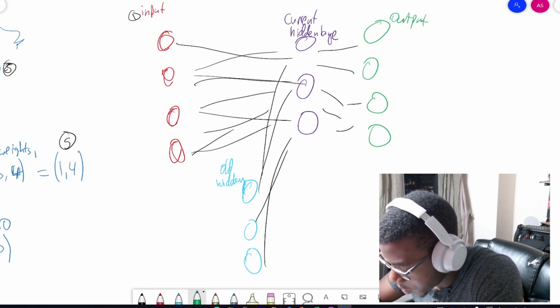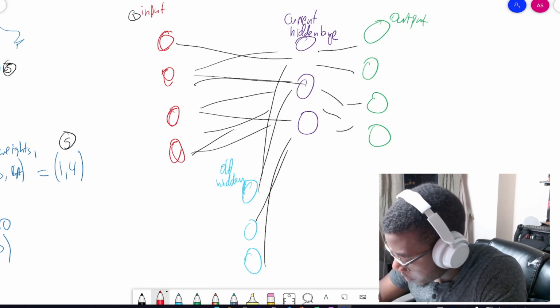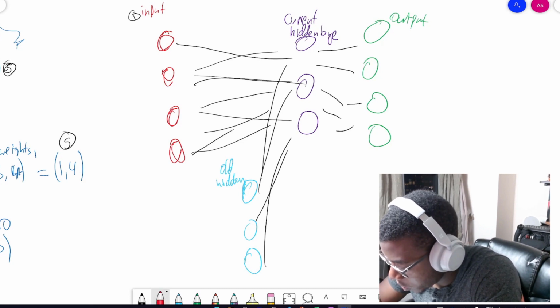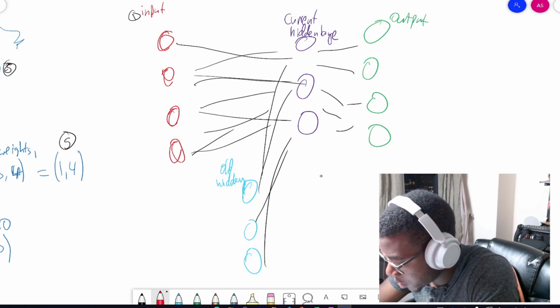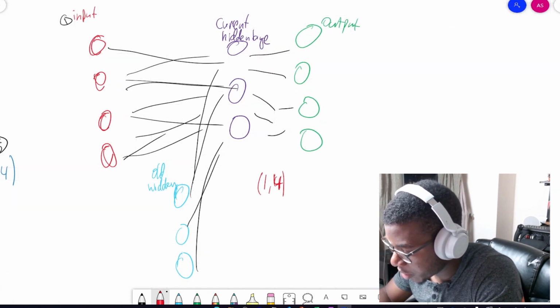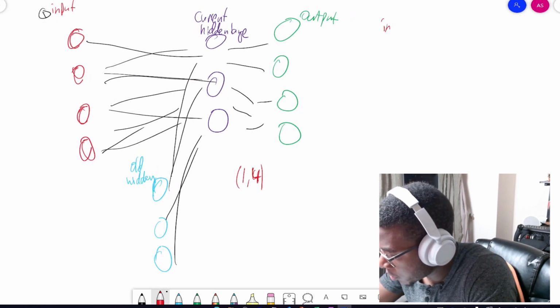Okay, so this will be, let me use our handy dandy colors here. So if our input is a 1 row 4 column vector, and we're multiplying it by, actually let me define a few other variables here. So our input size is 4.